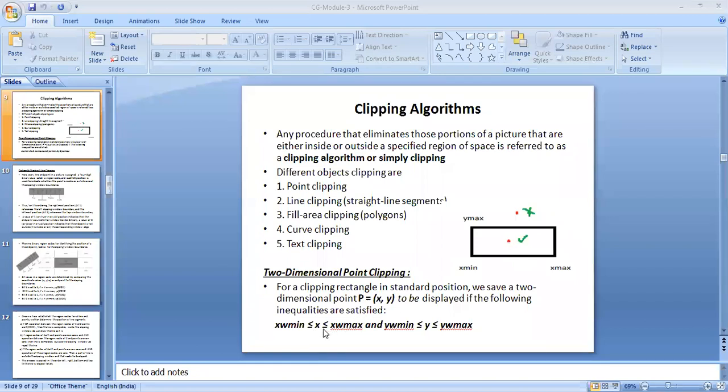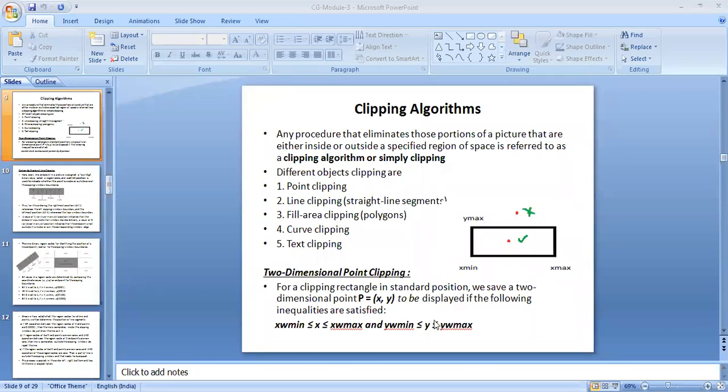If the x coordinate of the point is greater than x min and less than x max, this is x min and this is x max, then I can retain it.